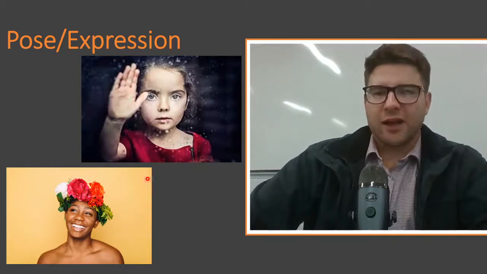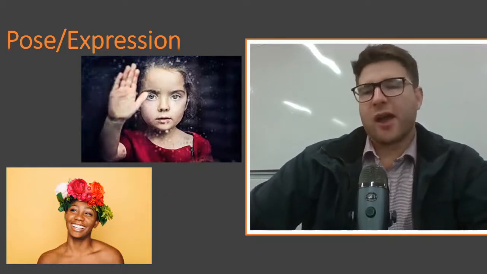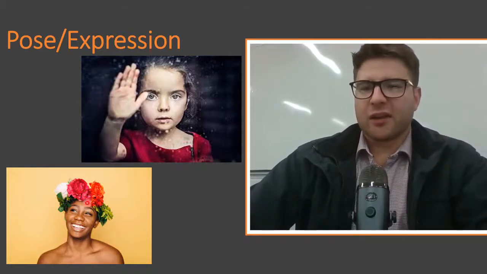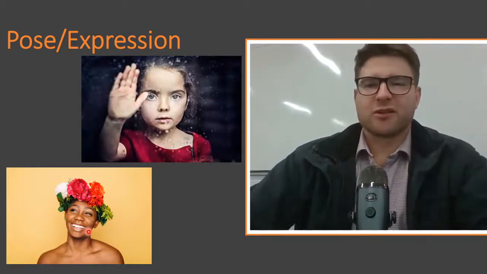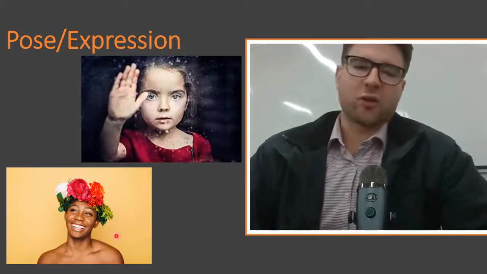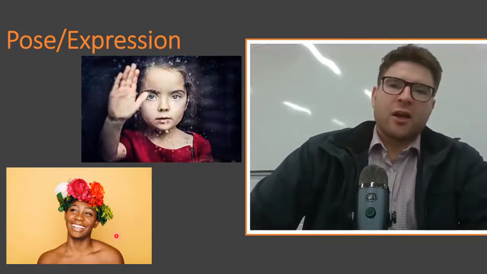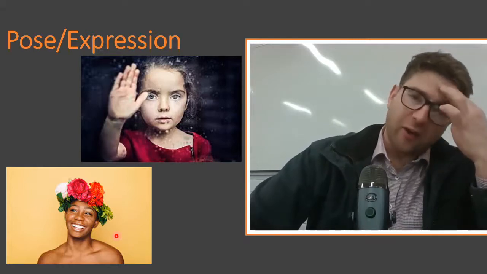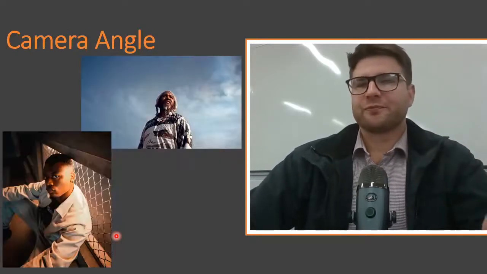So here with this example, we've got a fun, colourful, energetic background, a fun, colourful, energetic sort of prop, being the hat, and then a fun, energetic, happy sort of facial expression. So there's that connection between those three elements of the image, and it has that stronger effect in telling the story about that person. So you need to consider the pose or the expression of your subject and how that relates to the story you're trying to tell.